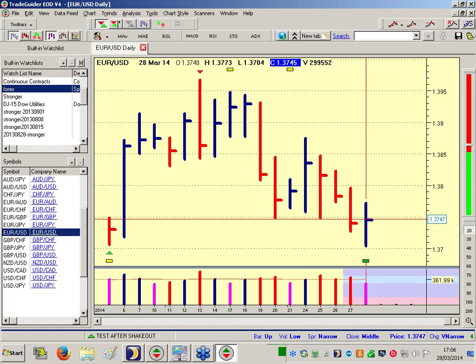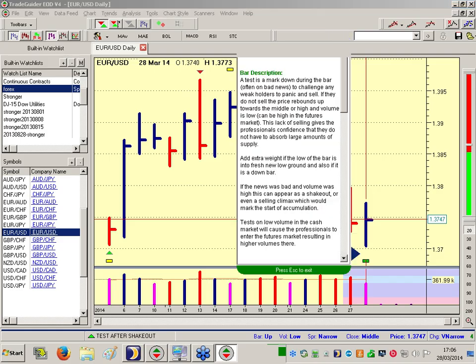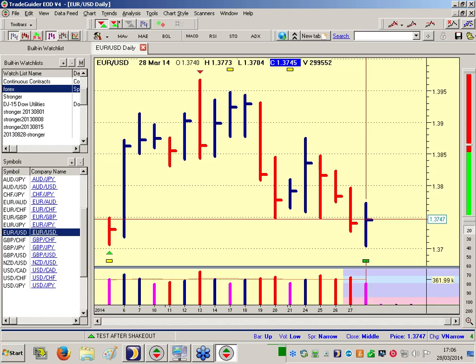There may be a little bit of support come in on that last bar. Is that bar complete? It's not a good idea analyzing these bars until the bar is completed.